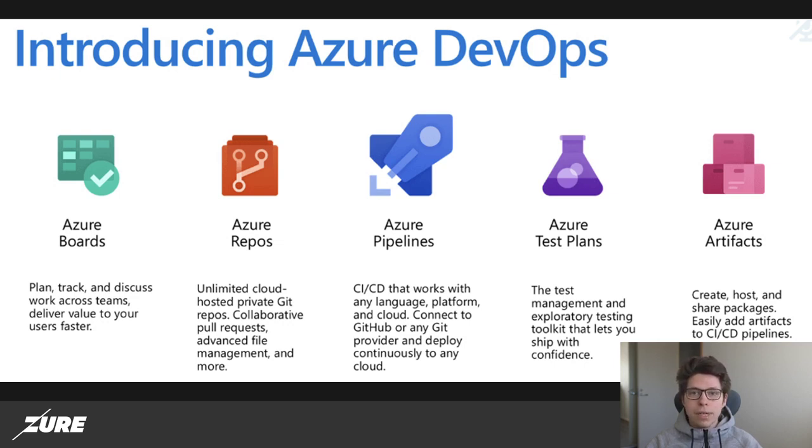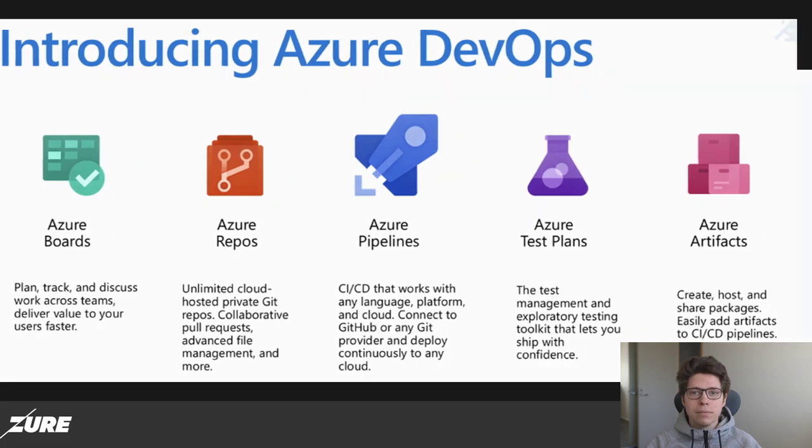Then the star of the show today, Azure Pipelines, which are a CI/CD tool. And then you have Azure Test Plans, which is a manual testing, test management suite. And then Azure Artifacts, which allows you to do NuGet package feeds, and it's kind of an underlying service, transferring packages from pipelines to others.